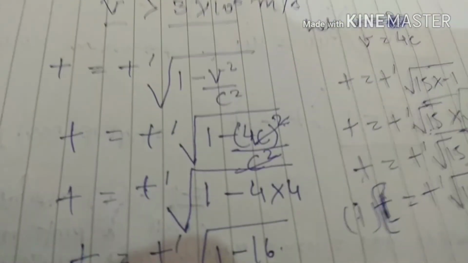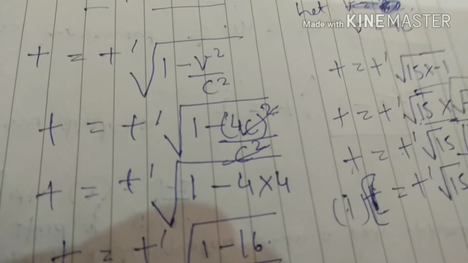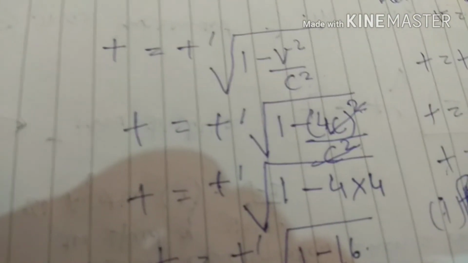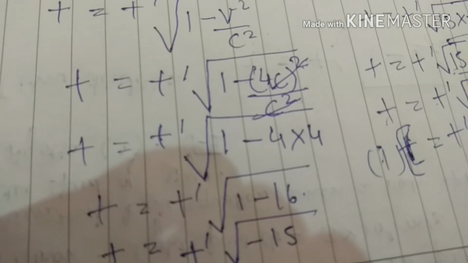So these particles exist in an imaginary world. We can only think about their existence in our imagination, but we cannot detect any significance of these particles in our real life because they are imaginary and they end up in an imaginary number.